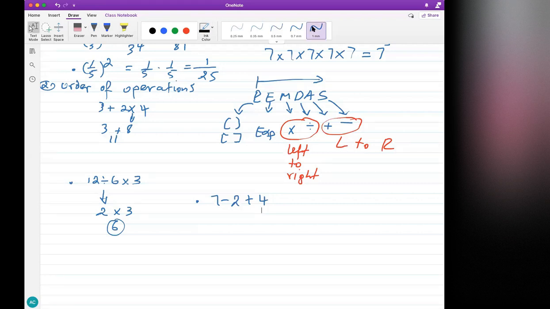Even though, so again, these two here, when they're together, we do left to right. Whichever comes first in the expression. Subtraction. That's right. 5 plus 4, that's 9. Okay, so be careful with these exceptions here. Only if they're directly next to each other.